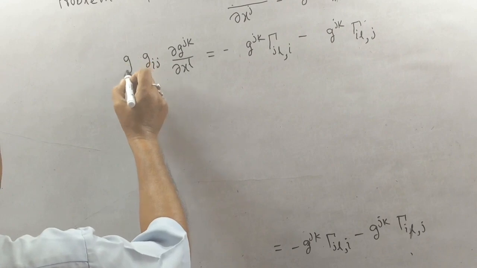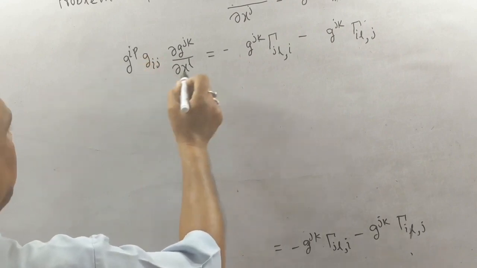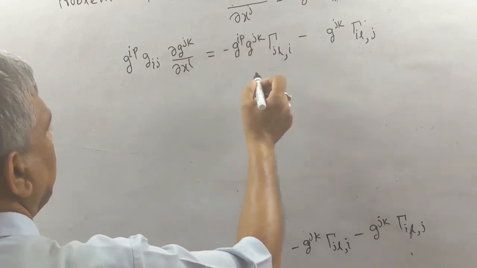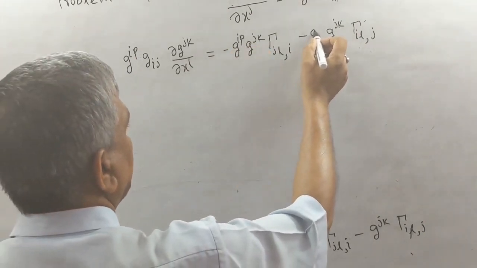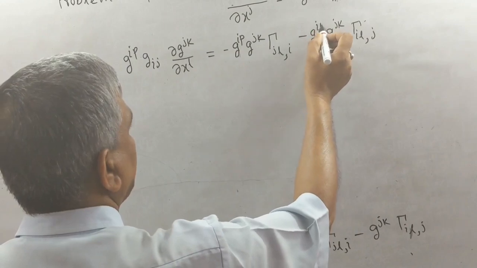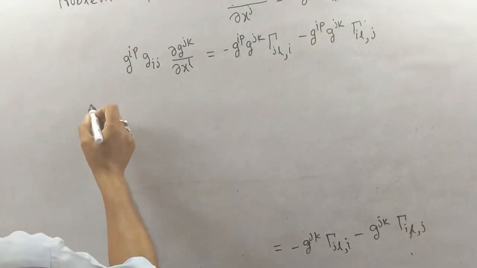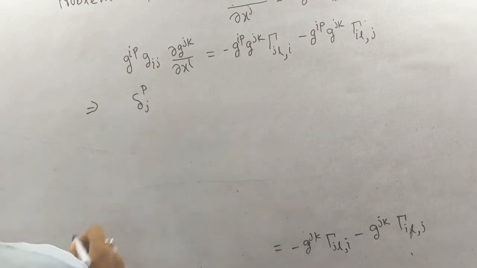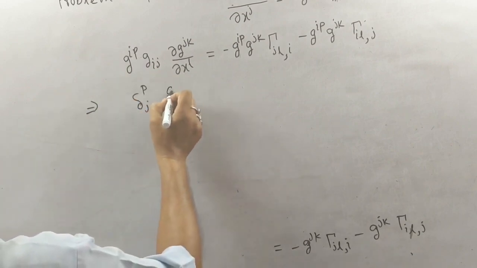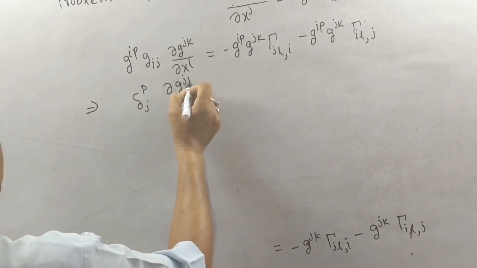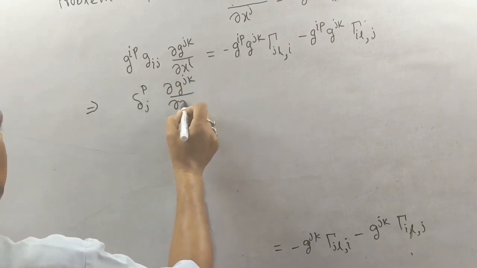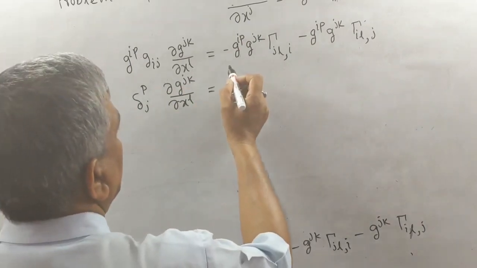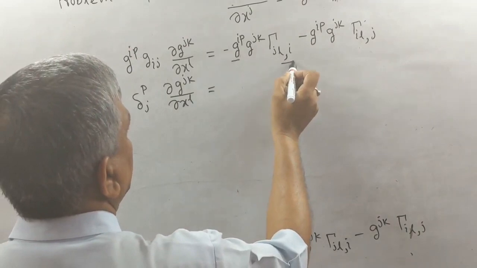Here we write g^ip, here we also write g^ip, here we also write g^ip. Here is Kronecker delta pj del g_jk by del xl. Here we take this and this.